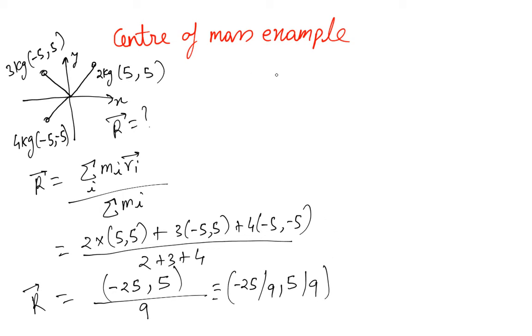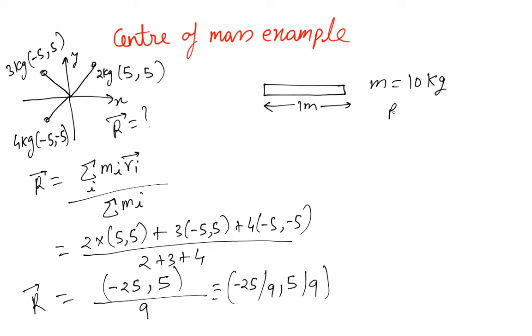Okay, let's take one more example, which is for a continuous system. So let's say we have a stick. Well, let's take a meter stick. This is 1 meter and it weighs 10 kilograms. Well, this thing is not really required, but let's assume it weighs 10 kilograms.